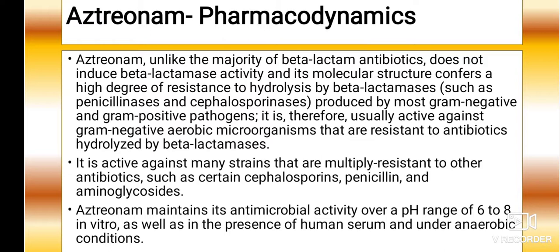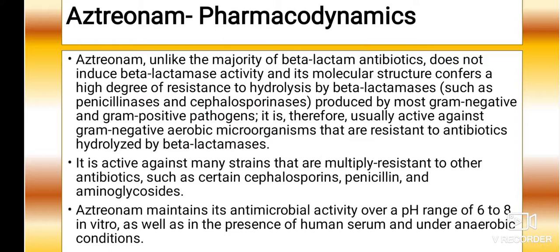The beta-lactamase enzyme is produced by bacteria to protect themselves from different antibiotics, but the main advantage, the important point about aztreonam, is that its molecular structure confers a high degree of resistance to hydrolysis by beta-lactamases, due to the monobactam or monocyclic beta-lactam ring.